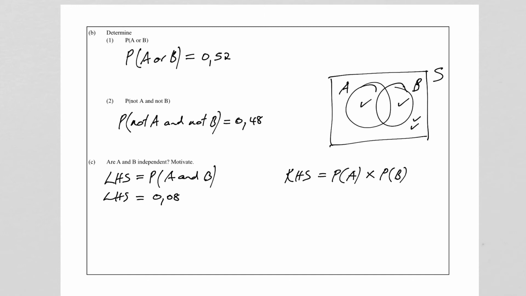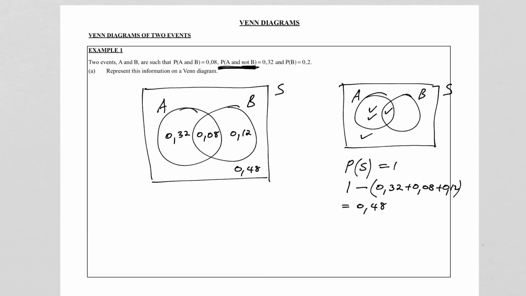Now I'm going to move to the right-hand side, and I want the probability of A as well as the probability of B. So let's now do that. Probability of A is those two. So we must add those two to get the probability of A. And the probability of B, those two. But you hopefully still remember that probability of B was given to us as 0.2.